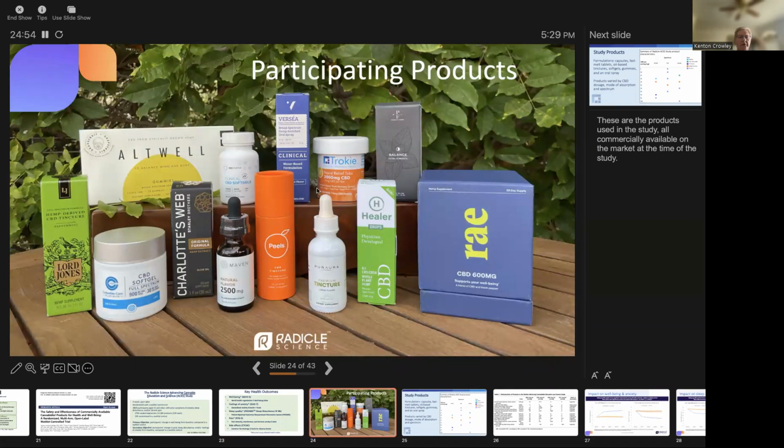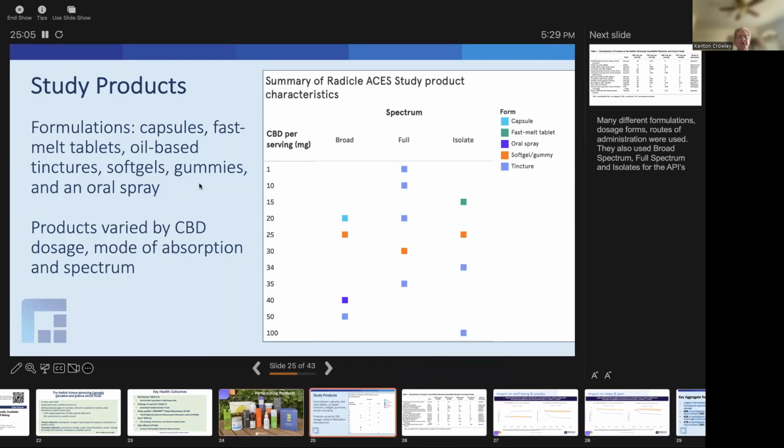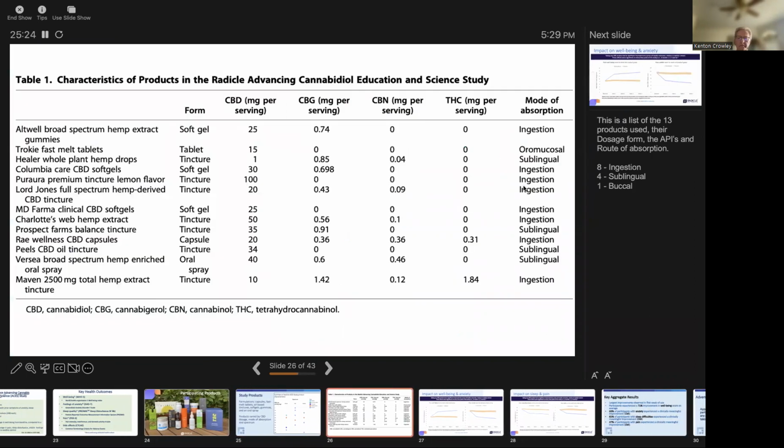I am particularly fond of Troche, but I loved that it was up against Charlotte's Web. You can see here the spectrum type, broad versus full versus isolate, and the different formulations that were used by the different companies that were included.